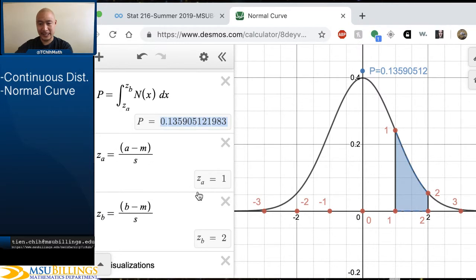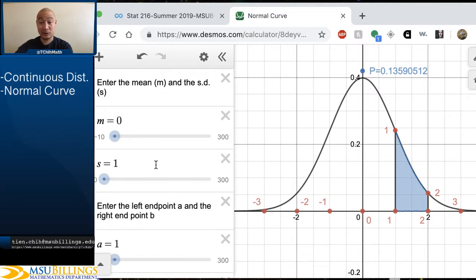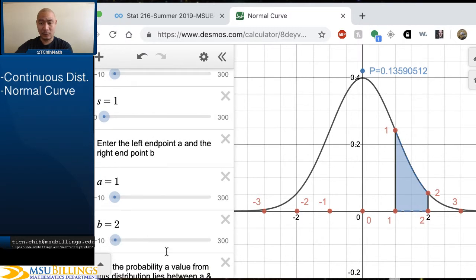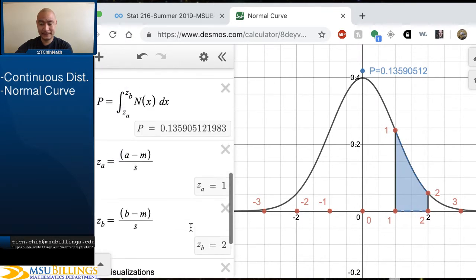And we notice here that Z_A and Z_B, those are the corresponding Z scores of A and B. Now, we are on the normal curve, so A and B are 1 and 2, and so the Z scores are the scores, right? Because we are on the standard curve.